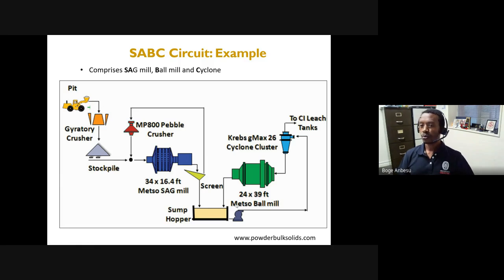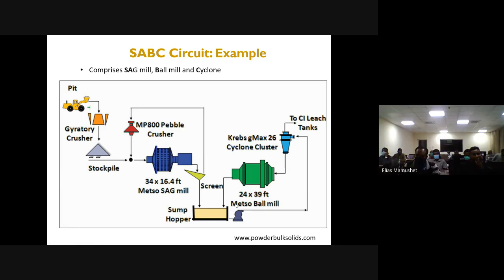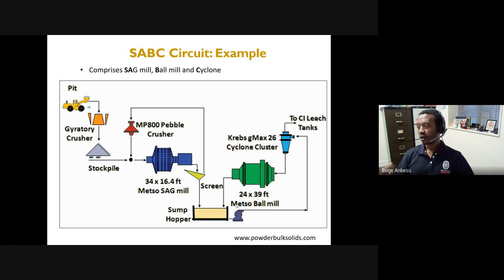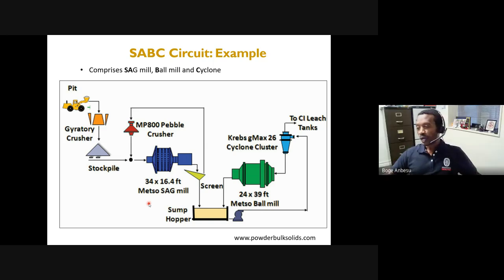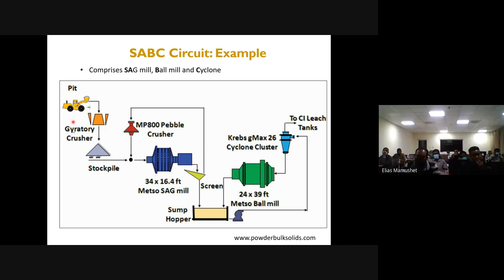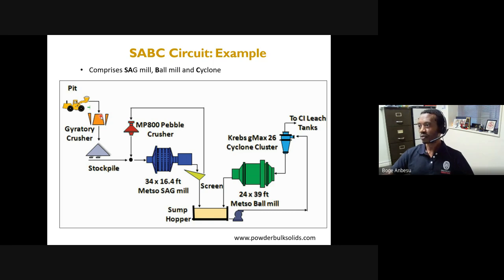Okay, so I probably showed you this one before when I talked about crushing and grinding. What I would like to focus on for today is, for example, a SAG mill ball mill cyclone circuit where you would have a primary crusher, in this case a gyratory crusher, a SAG mill typically used for primary grinding, and a ball mill.